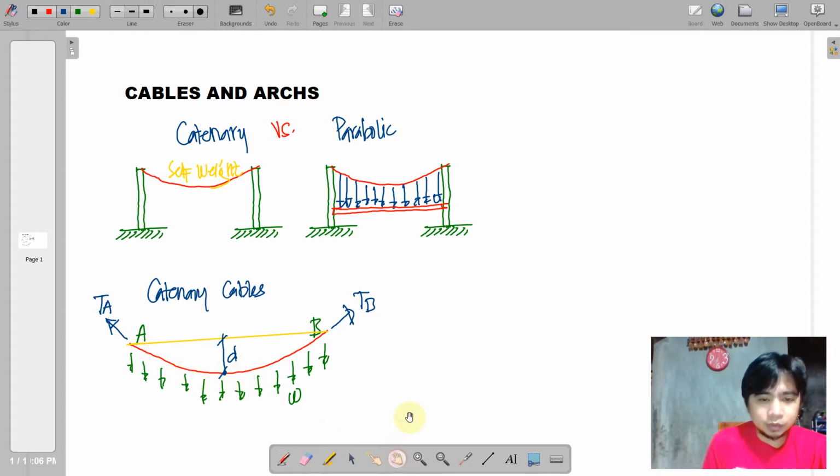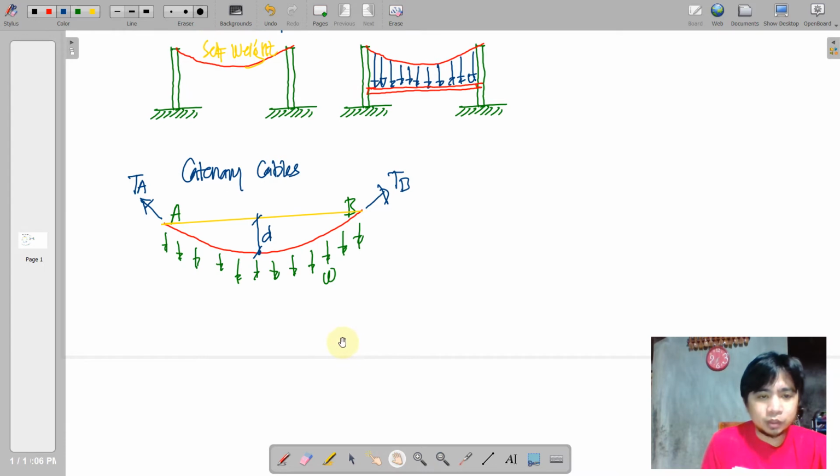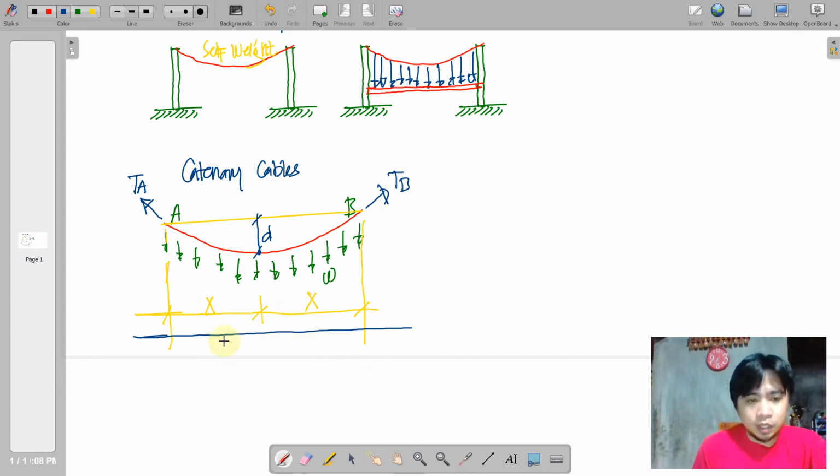We also need to determine the horizontal length of the cable. If this is assumed to be symmetrical, from the lowest point we have an equal dimension x, and then we need a horizontal line from this curve as our reference to have the distances of the edges as well as the lowest point.